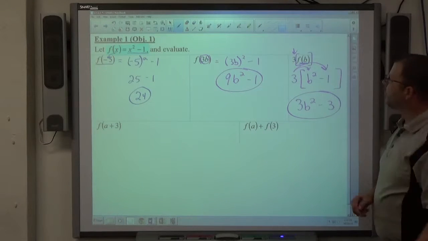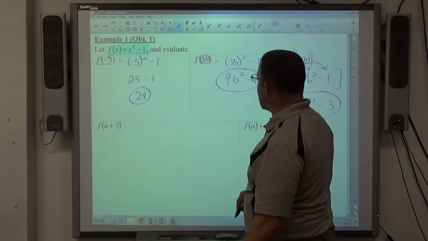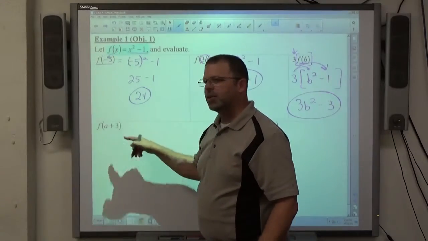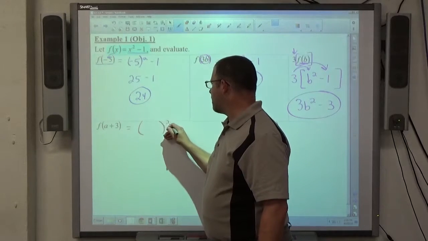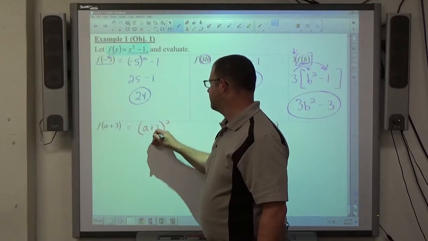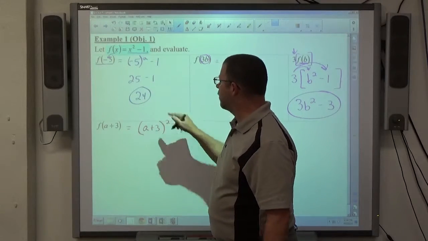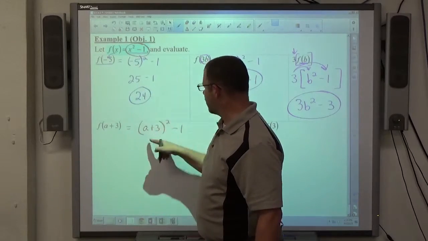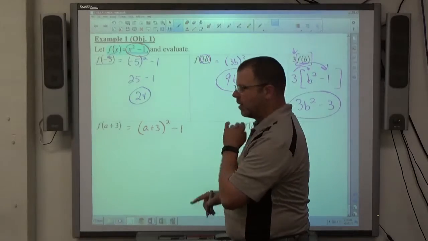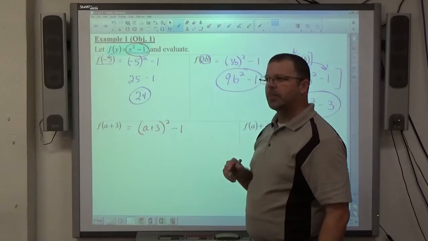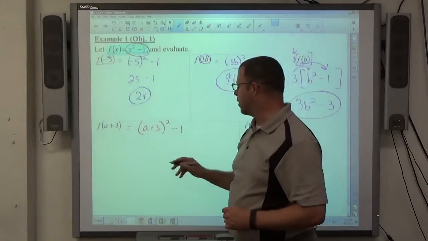Fourth one. F of a plus 3. A plus 3 is a binomial. X is being squared, so now my binomial is being squared. Minus 1. Again, the structure is always the same. It's always x squared minus 1, with the new x. Notice a plus 3 squared is a binomial squared. We have our little shortcut for squaring a binomial.